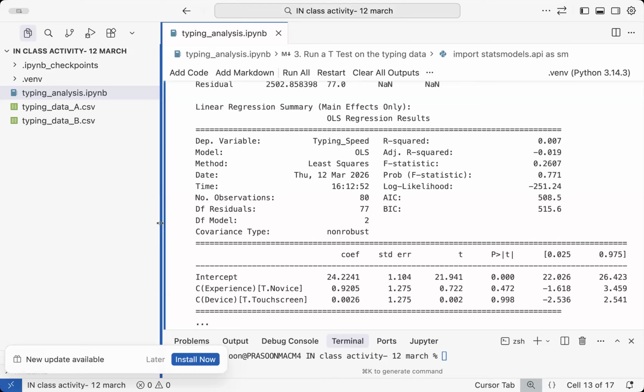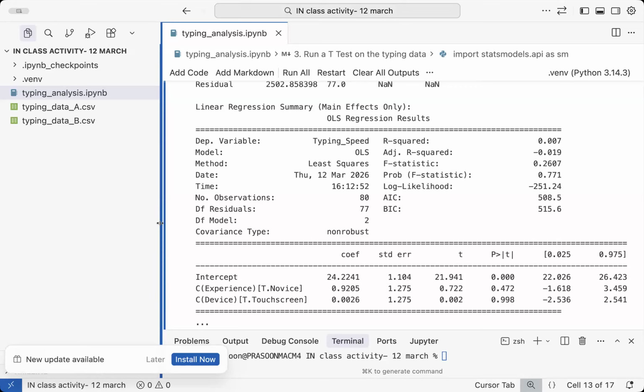So when device is mouse, going from being experienced to being a novice is about a second slower. That's the interpretation of something like this.